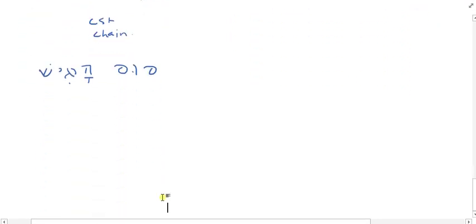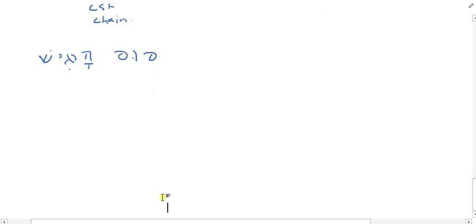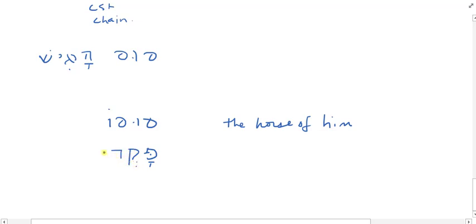And then, of course, just like I can take nouns and add pronominal suffixes to them, as in suso, the horse of him, I can take an infinitive construct and put a pronominal suffix on it.